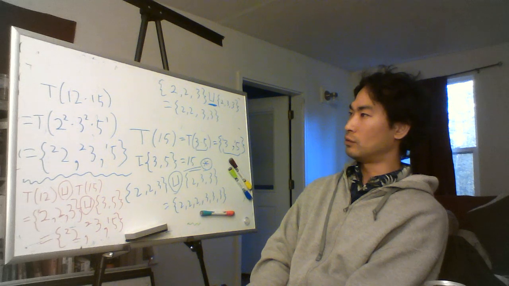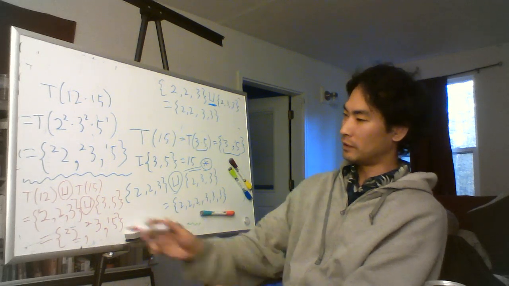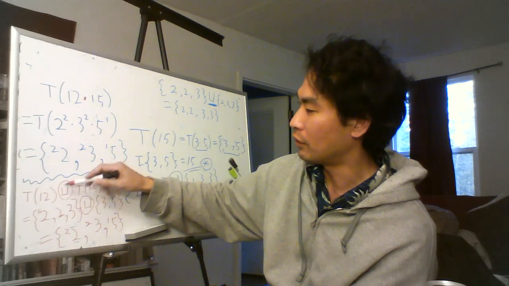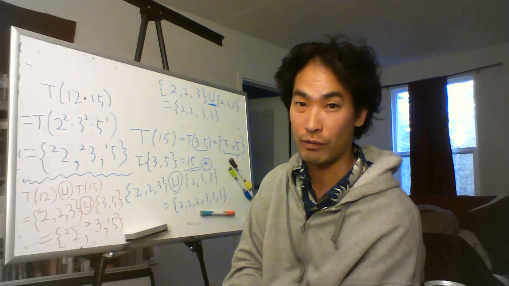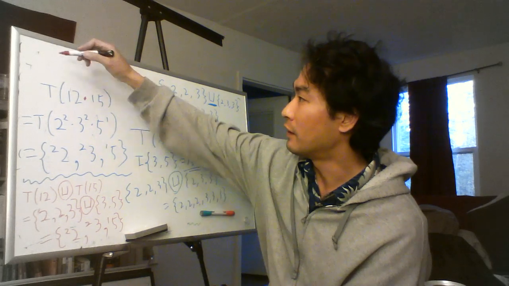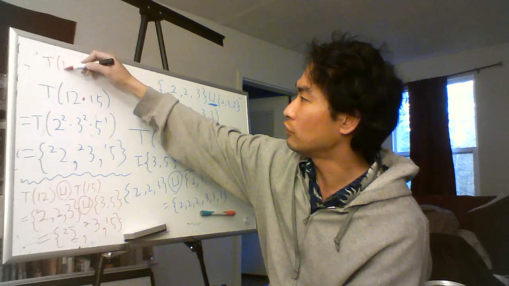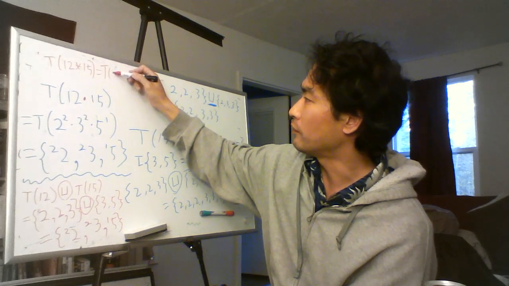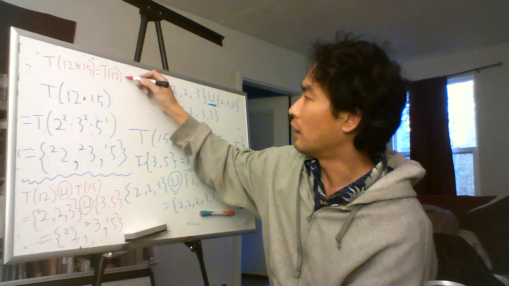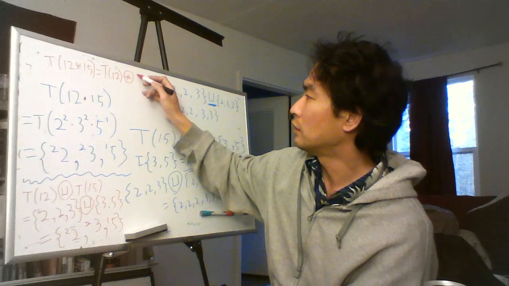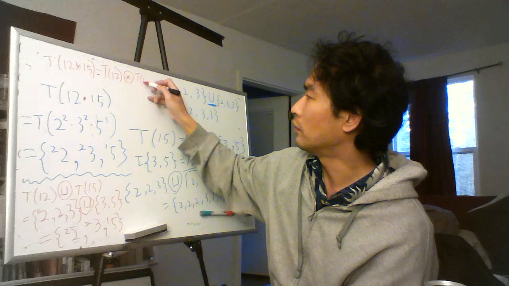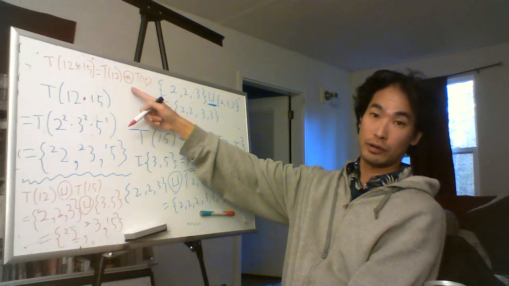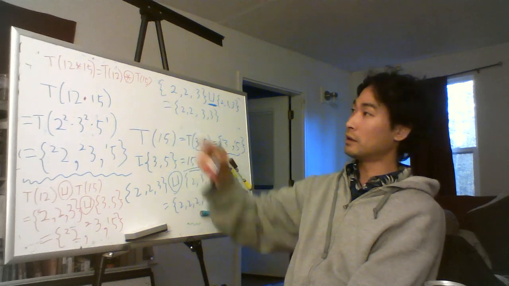So yeah, that's why we want this operator here and this operator here to look kind of the same way. So now you have T of 12 multiplied by 15 is the same as T of 12 multiplied circle with T of 15, strict union. See what I'm saying?